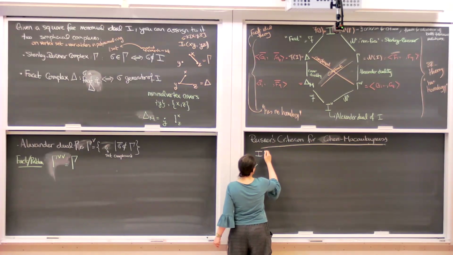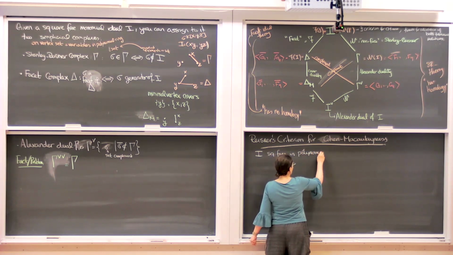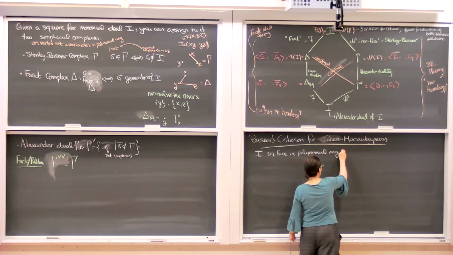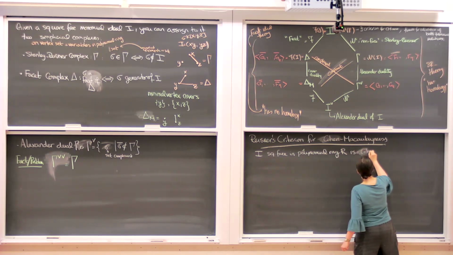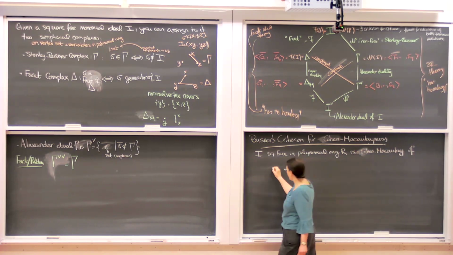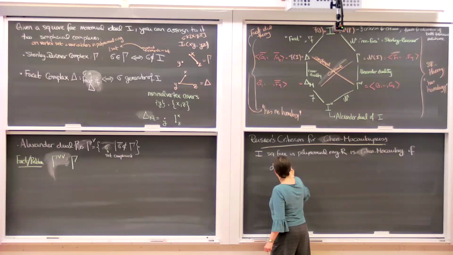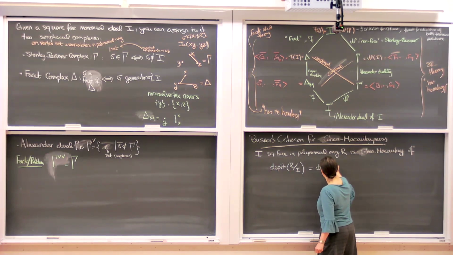Let's take basically any ideal I, but we're going to stick to our square-free monomial ideals. R mod I is Cohen-Macaulay if the depth of R mod I is equal to the dimension of R mod I.